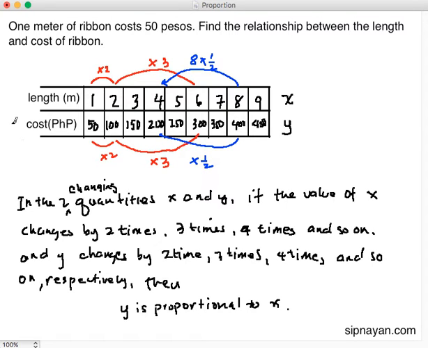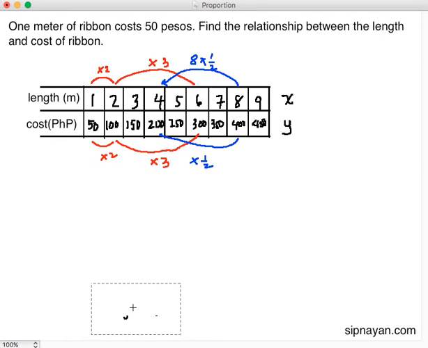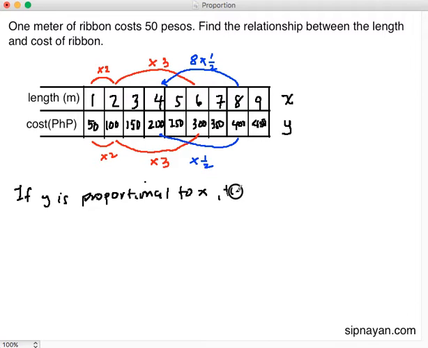Okay? So, if y is proportional to x, then it can be represented as y equals kx.